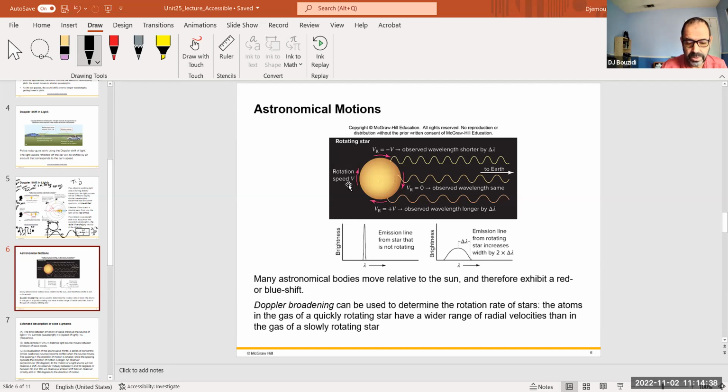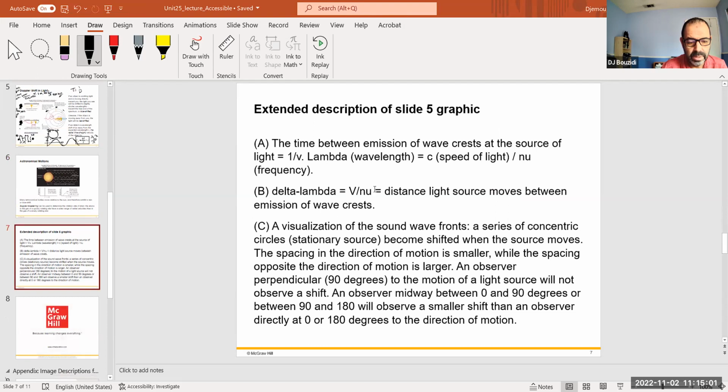And this is actually used for the sun too. If it's moving fast enough, you could potentially use it. Depending on the broadening, depending on the delta lambda here, you could see how fast this star is moving, how fast it's spinning. That's in a nutshell how this works.